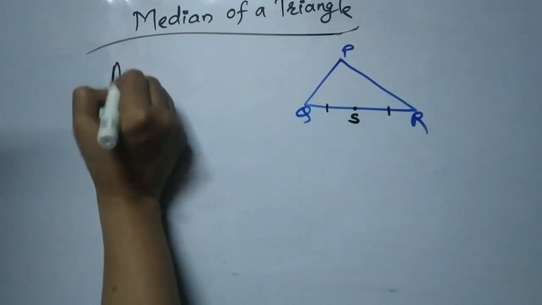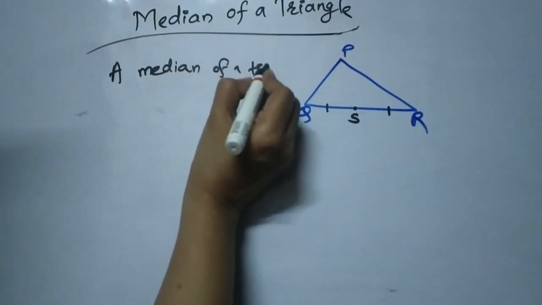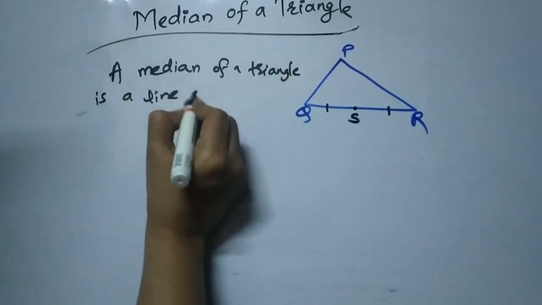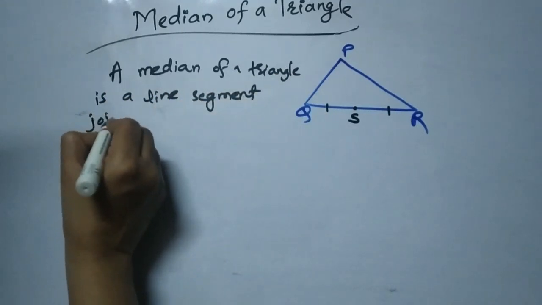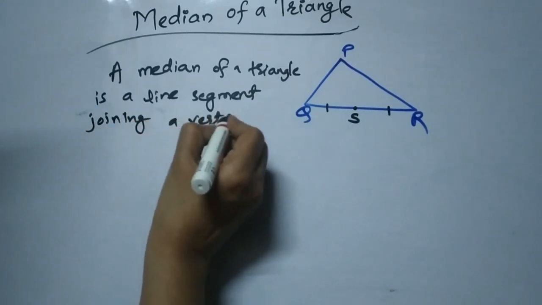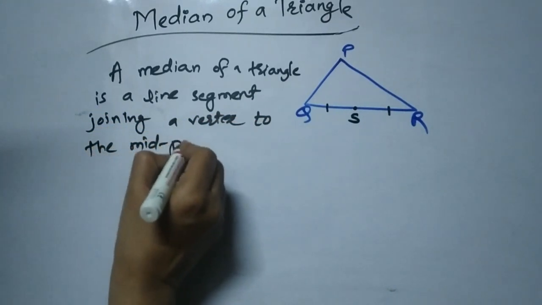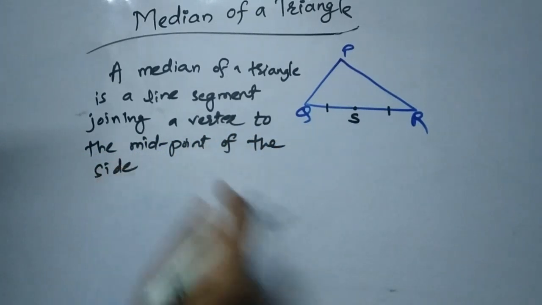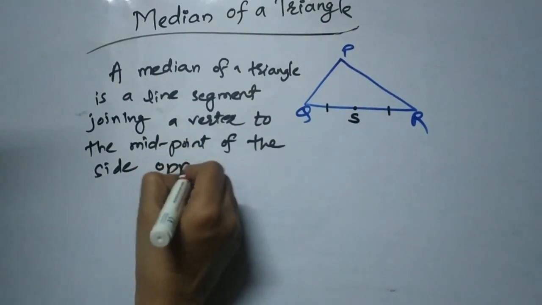So you can say a median of a triangle is a line segment joining a vertex to the midpoint of the side opposite to the vertex.